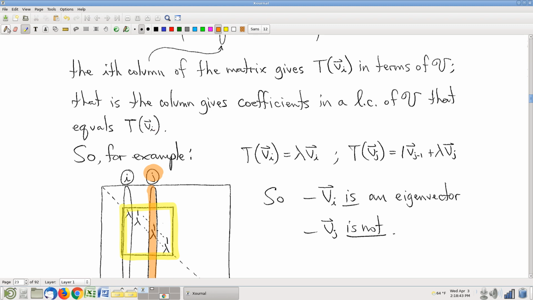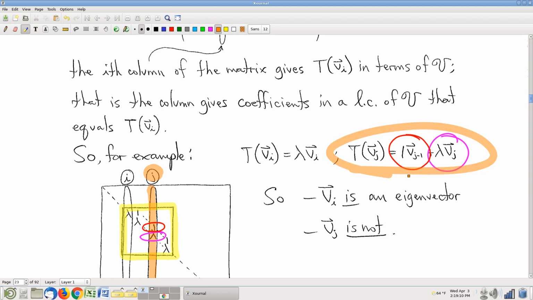So I've got lambda on the diagonal, giving me that term, and then a coefficient of 1 just above the diagonal. That gives me 1 times the previous Jordan basis vector. So T of Vj is Vj minus 1 plus lambda Vj. Again, that's straight out of 5.3. The columns are telling us about the images of the basis vectors in the language of the output basis, both of those bases being trivial.